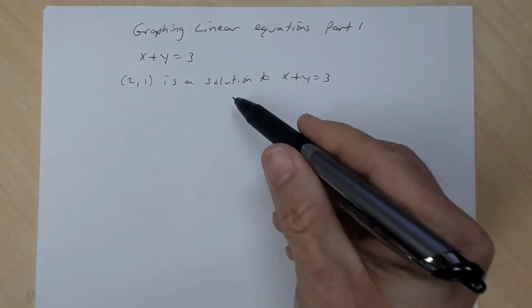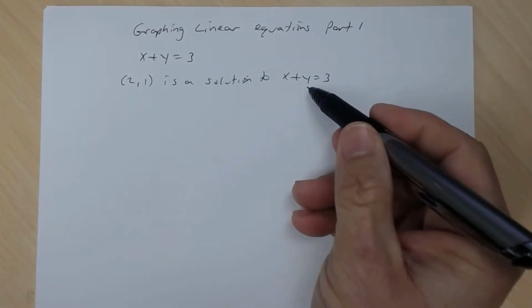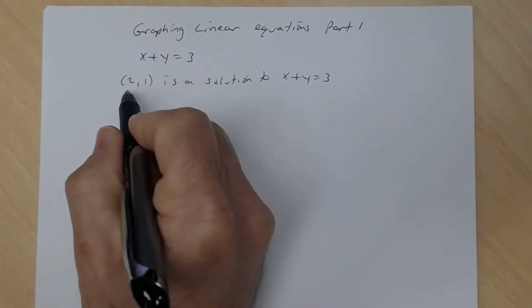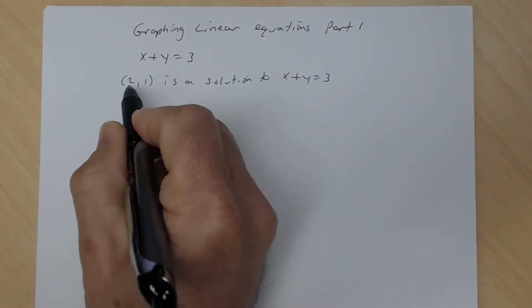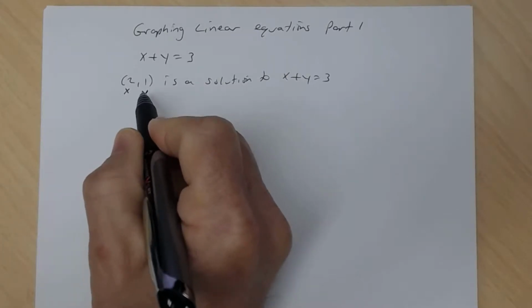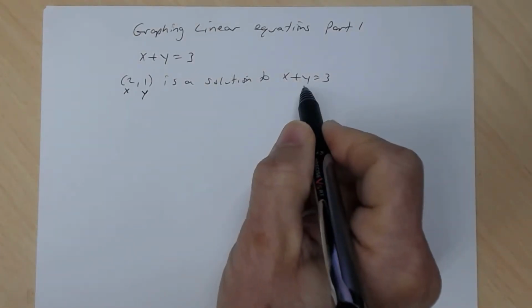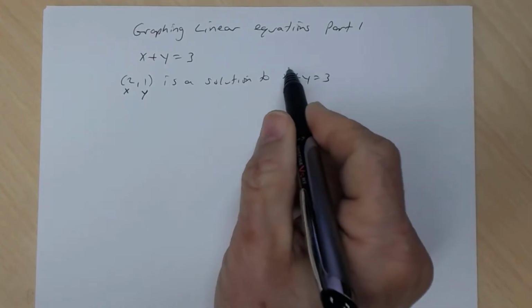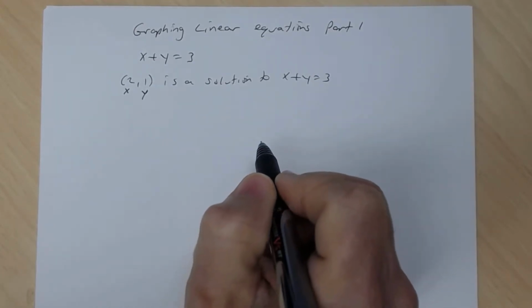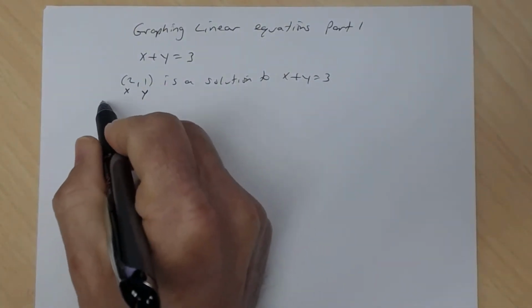Now remember what we saw in the previous lesson. The reason we know that this is a solution is that when I substitute the value of x, which is 2, and the value of y, which is 1, into the equation, the left side will equal the right side. Remember, this is called an ordered pair.